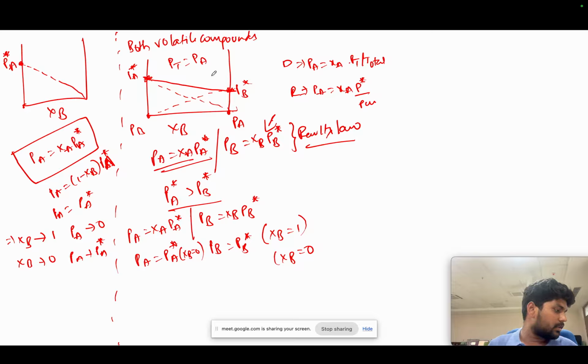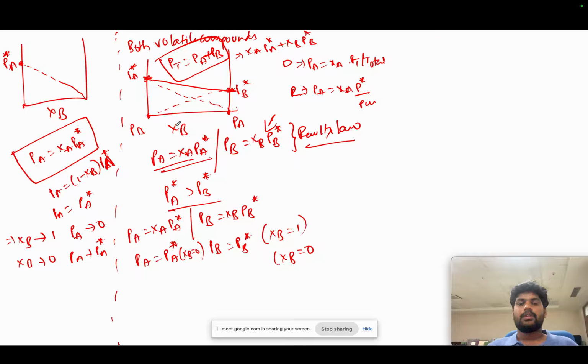I think this is what Raoult's law says, yeah, P total equal to Pa plus Pb, which is nothing but Xa Pa star plus Xb Pb star. If you're saying that the system obeys the ideal condition, then it should obey Raoult's law, which says that whatever the curve is, it should be this one.